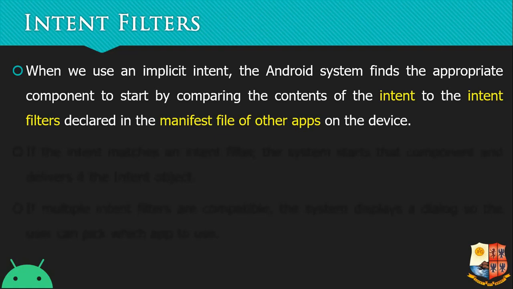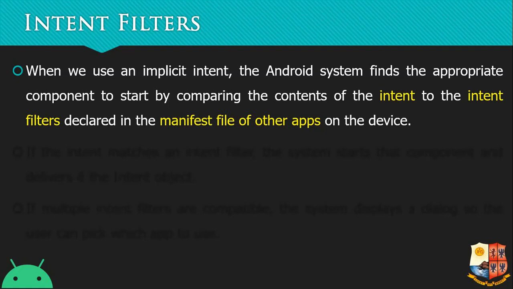When we use an implicit intent, so what about an explicit intent? Do you use an intent filter? No. When you use an implicit intent, then only the intent filter comes into the picture. The Android system finds an appropriate component to start by comparing the contents of the intent to the intent filter declared in the manifest file. So where do you create an intent filter?